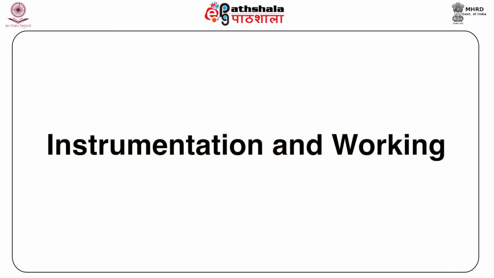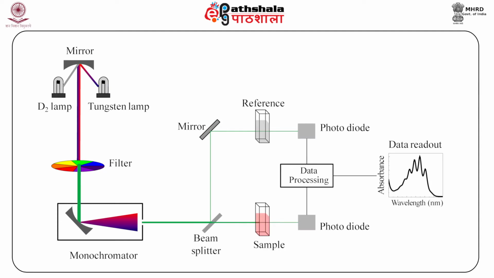Next, we move on to instrumentation and working. A ray of light emanating from a visible or ultraviolet light source is divided into its component wavelengths with the help of a prism or diffraction grating.